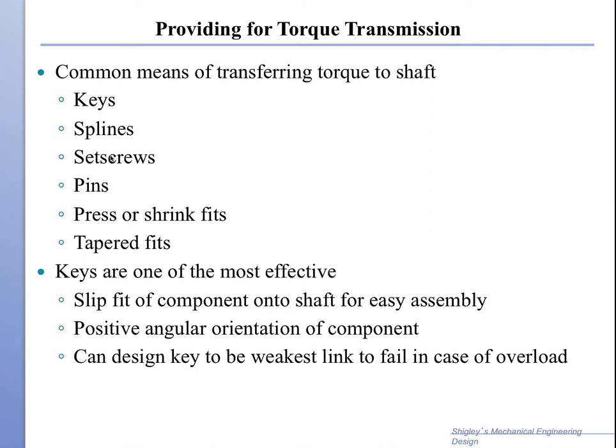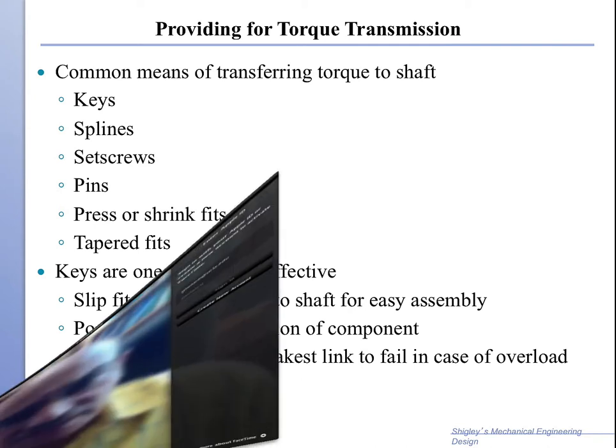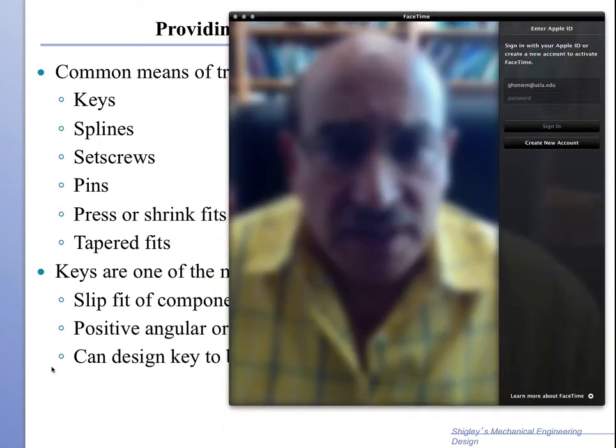The second element of this is the transmission of torque, and the transmission of torque is obtained by using a number of devices.